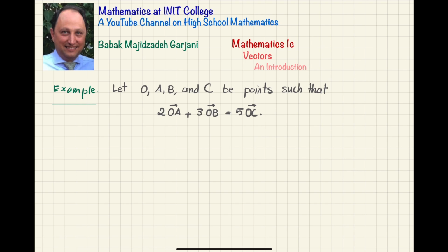So there are four points, O, A, B, and C. We don't know about the exact location of these points, but we know that this relation is established between these 4 points. The claim is that we want to show that A, B, and C lie on the same straight line. Yes, show that A, B, and C lie on the same straight line.